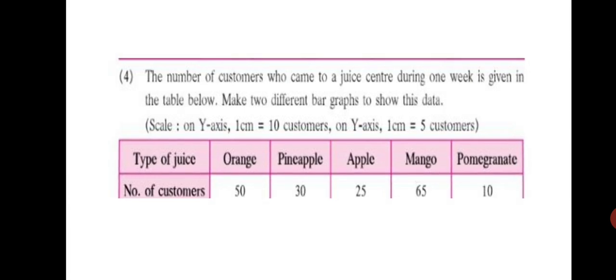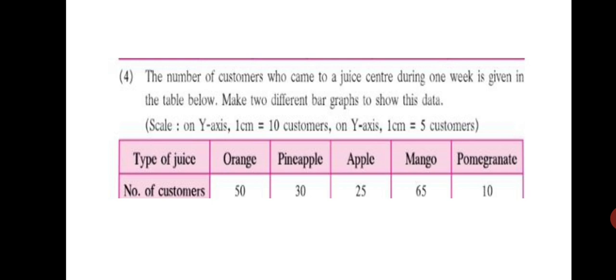The number of customers who came to a juice center during 1 week is given in the table below. Make 2 different bar graphs to show this data. On the first bar graph, the scale given on the y-axis is 1 centimeter equal to 10 customers.